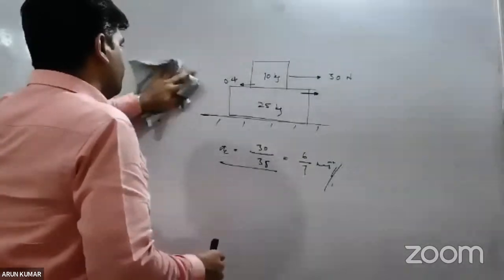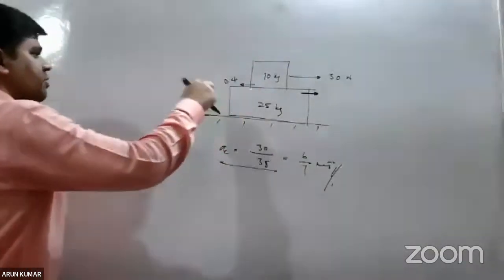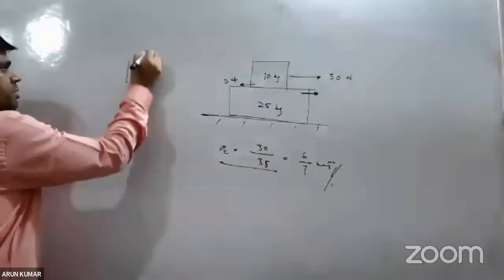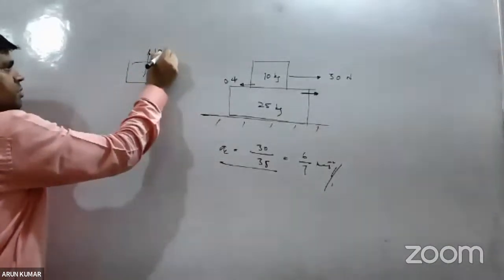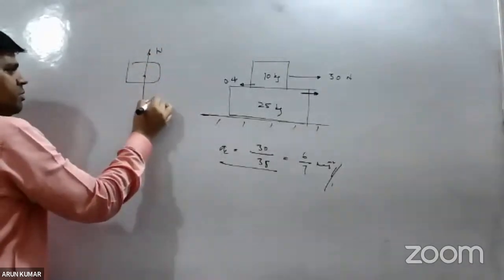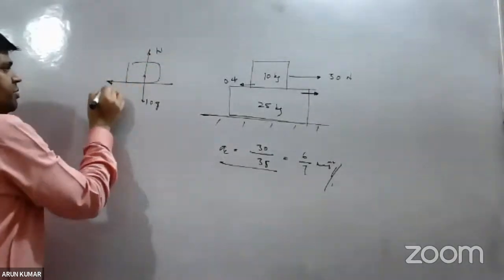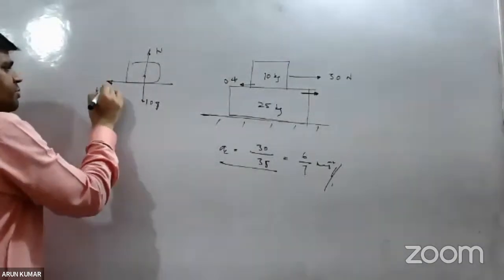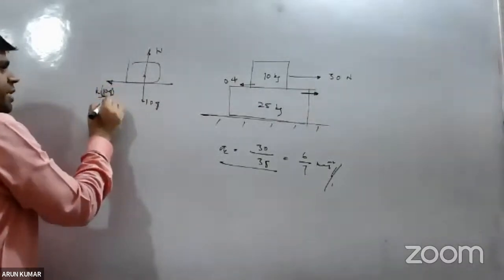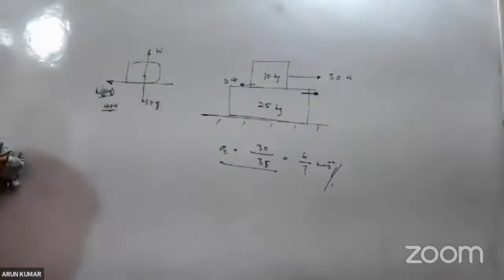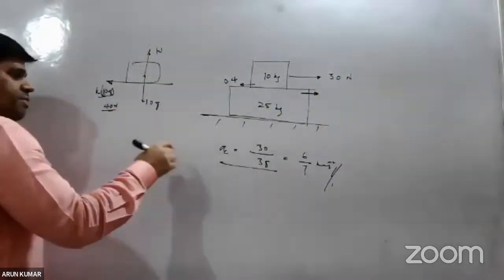Mu times 10g, because 10g is the normal reaction on the upper block. Limiting friction is mu times 10g, it's 0.4 into 100, that is 40 Newton. So limiting friction is 40 Newton, but required friction is how much?